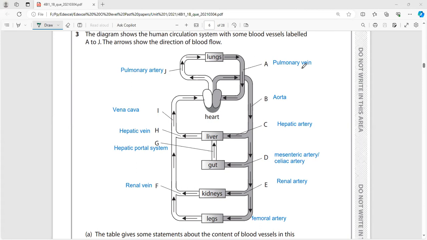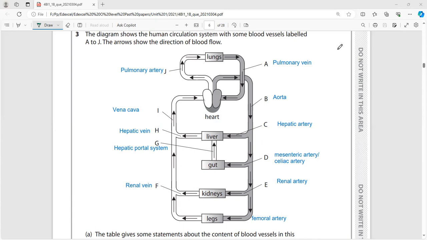It's coming from the lungs, so it will contain low pressure. That's why it has a thin wall and a wide lumen. Because it is a vein, the vein has a thin wall and a large lumen due to low pressure.